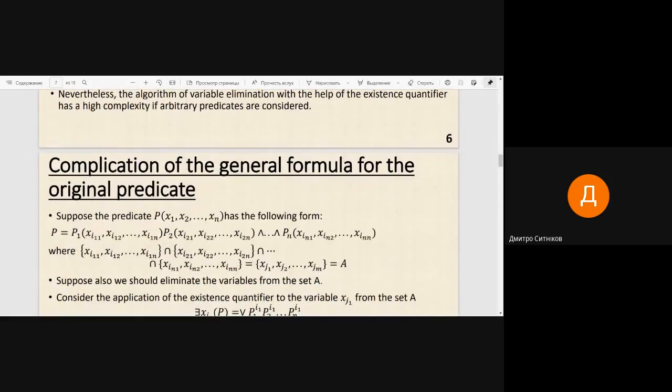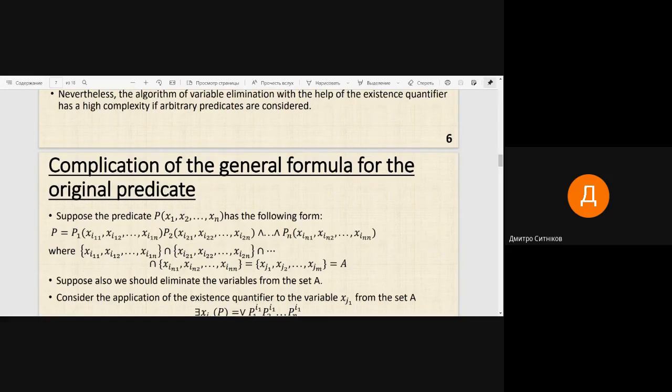Nevertheless, the algorithm of variable elimination with the help of the existence quantifier has a high complexity if arbitrary predicates are considered. But we don't consider arbitrary predicates, but only those that are encountered in our tasks.